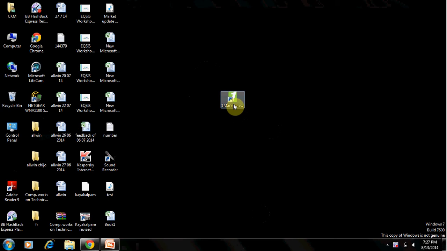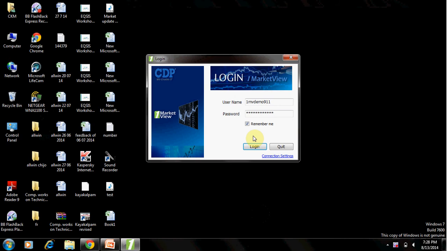Now that it is installed, double click on it. It will ask for your user ID and your password. Take your user ID from the email you got, and type your password, which is also given with the demo account in your email.